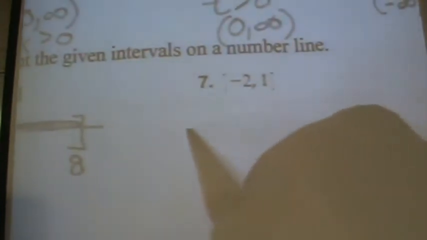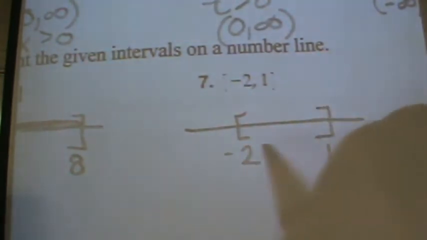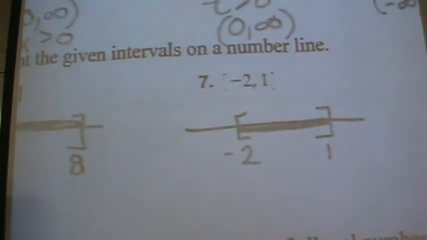This one has brackets at negative 2 and negative 1, so it's everything in between. And this one is parenthesis at negative 1, parenthesis at 1, and everything in between. And this one's going to be a bracket at negative 2 and a parenthesis at 7.